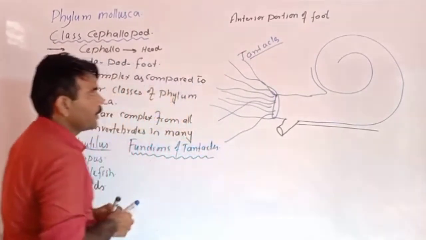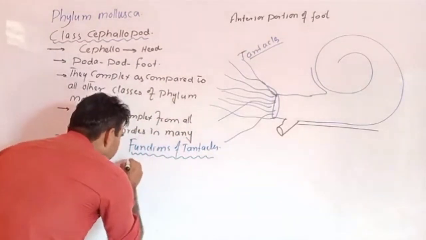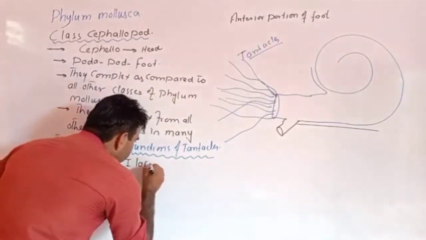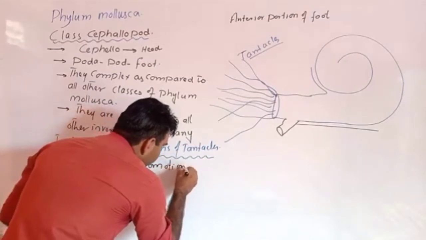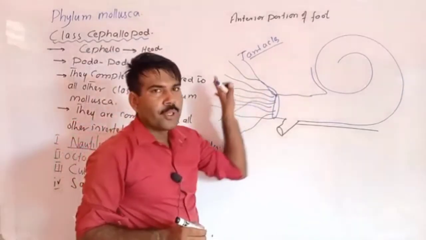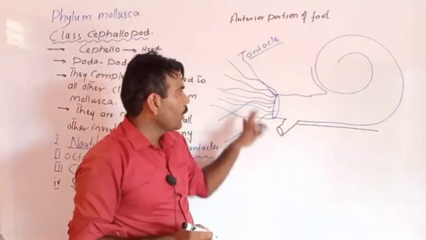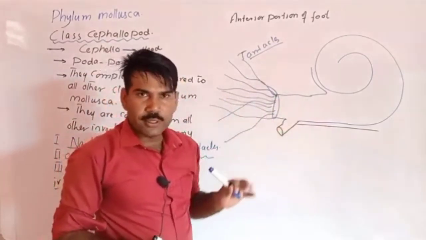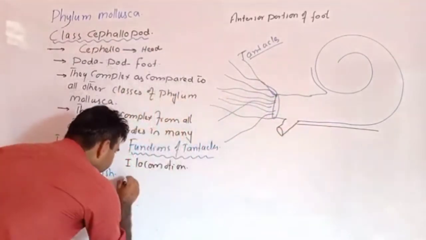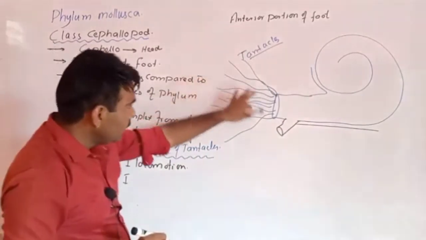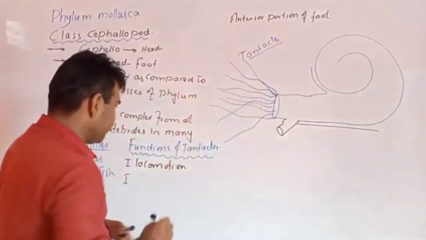What are the functions of these tentacles? The first function is locomotion. It means they are involved in changing position or moving from one place to another. The second function is defense.